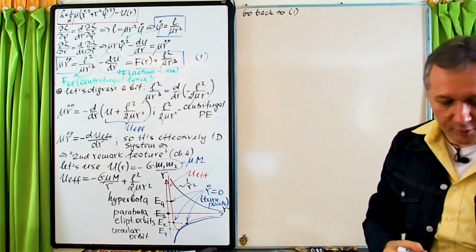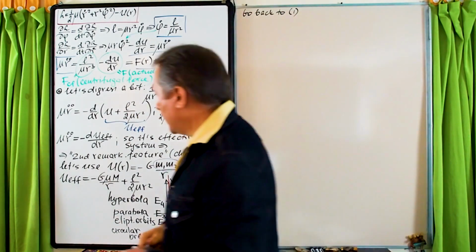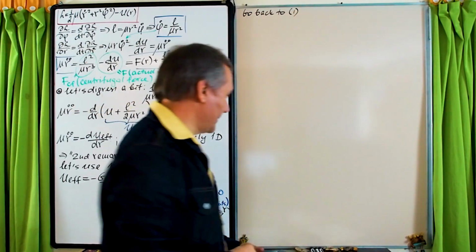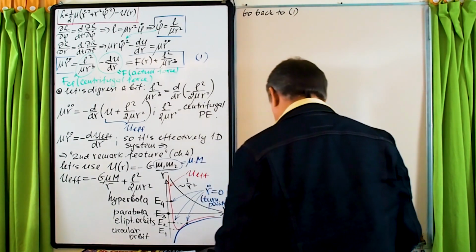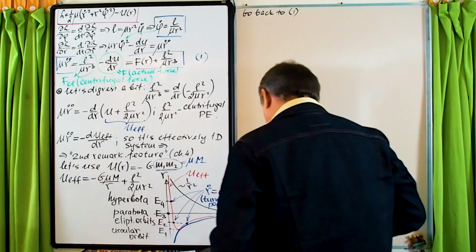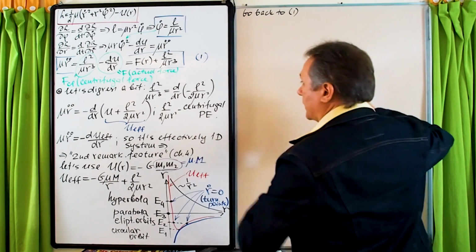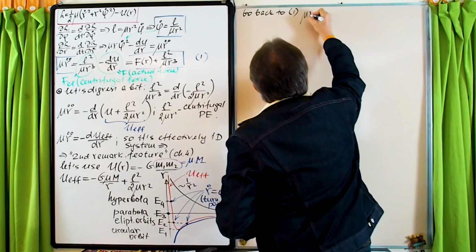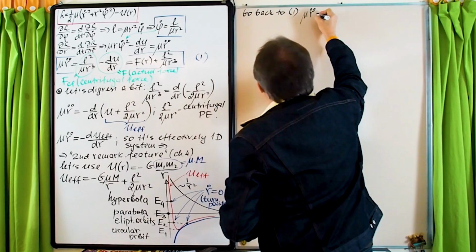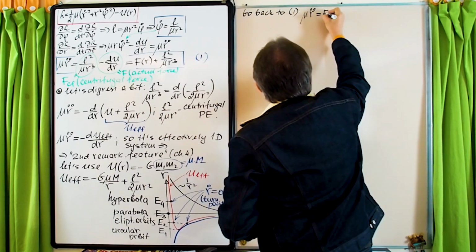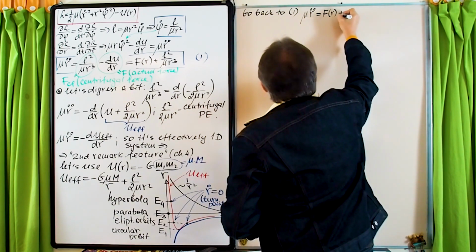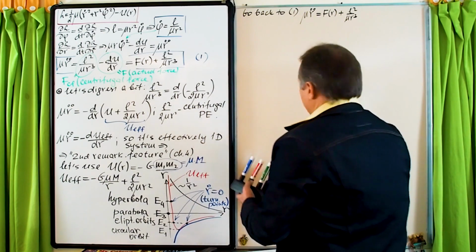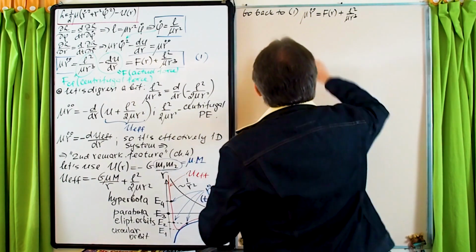Now we need to solve everything rigorously and get these trajectories, not just conceptual analysis. So I will rewrite these differential equations one more time. mu r double dot equals the force plus L squared over mu r to the power of 3. I will again frame it.